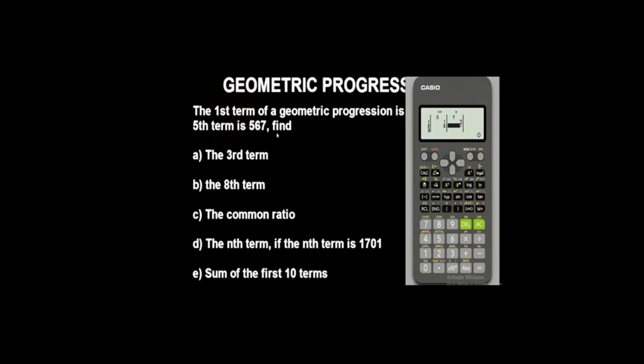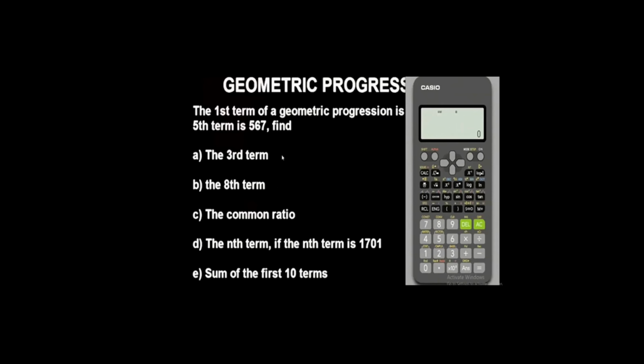The fifth term is 567, so you put the value here. Now note that as I'm inputting these values, they are stored on the calculator automatically. So let's go out of this place knowing that these values are already stored and begin to find what we have to find. Press the AC button.